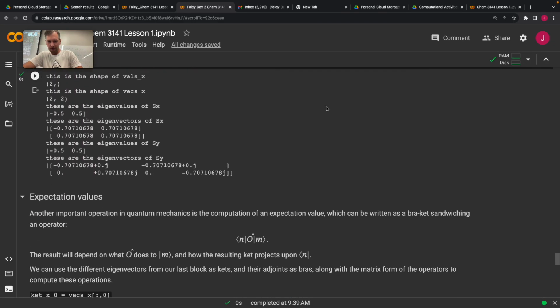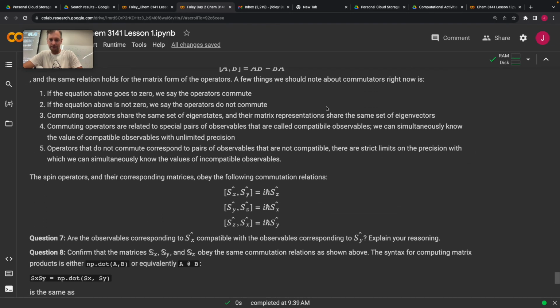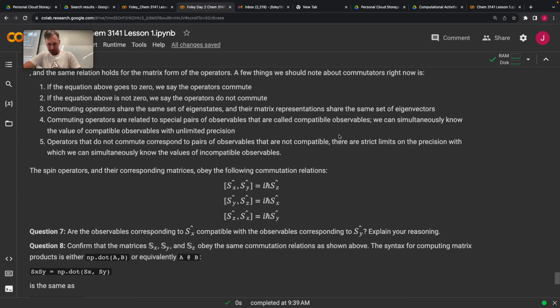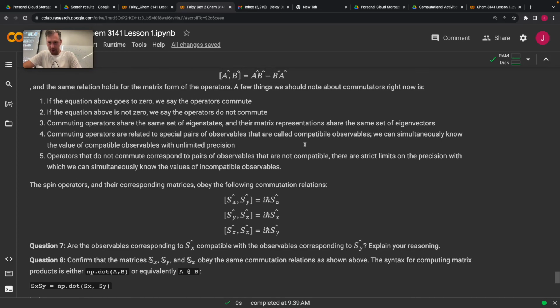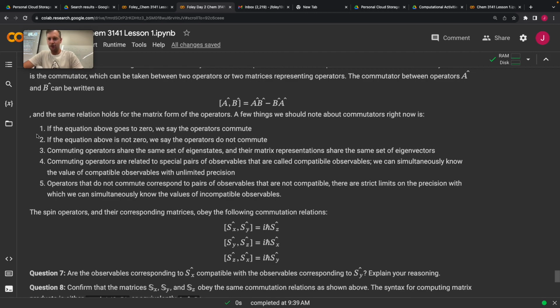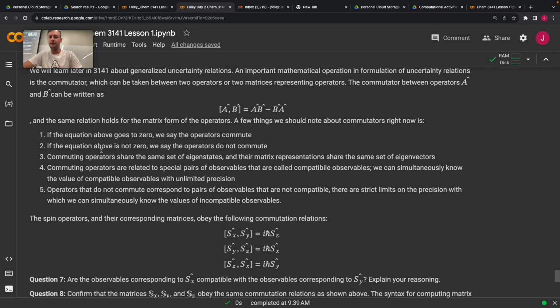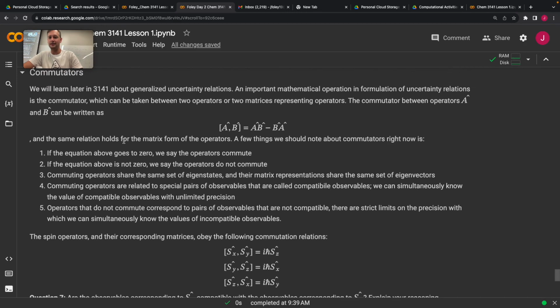Okay. Finally, commutators. There is some information which I don't think we really discussed in lecture yet, but we are going to reiterate it in lecture: the interpretation of commutators in terms of what it means if the observables associated with operator A hat are compatible with the observables associated with operator B hat.